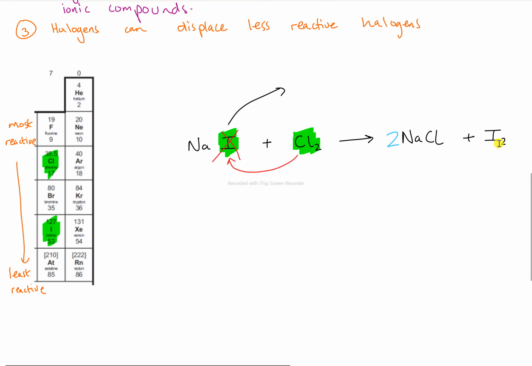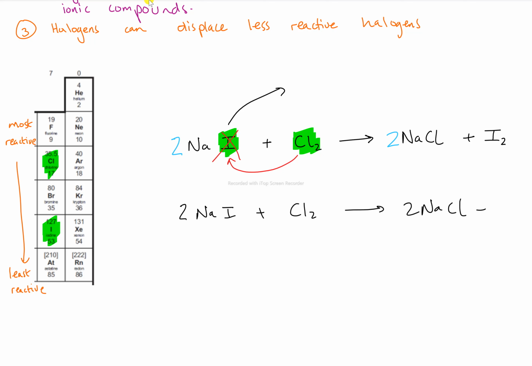We've got two iodines, two sodiums, but only one of each, so we stick a 2 there. So our chemical equation is 2NaI plus Cl2 gives 2NaCl plus I2.